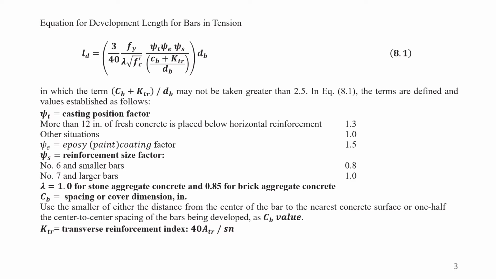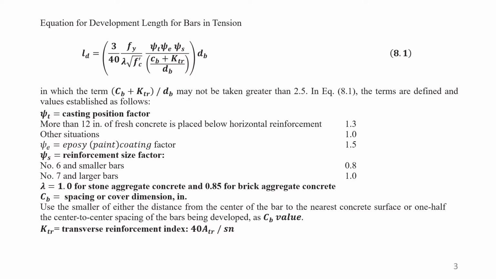And KTR is another term. It is dependent on the stirrup design, stirrup placing, stirrup spacing, stirrup size, etc. And here also dB is the diameter of the bar, because the diameter of the bar is known to us, as we have decided it in moment design.